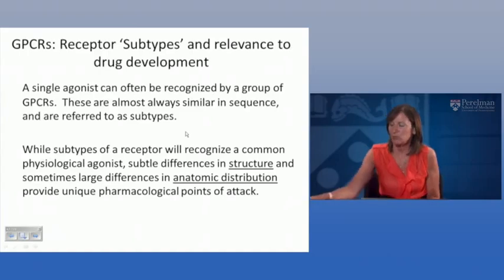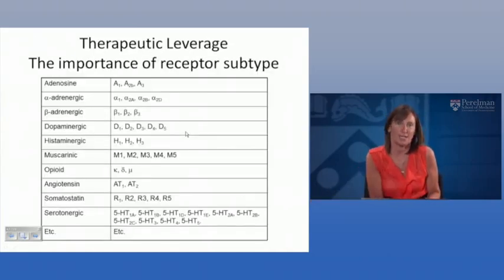And this is an incredibly important concept. So let's look just for a moment at an array of naturally occurring ligands, all of which bind to G-protein coupled receptors, and try and gain an appreciation of the array of different subtypes that receptors may exist in.